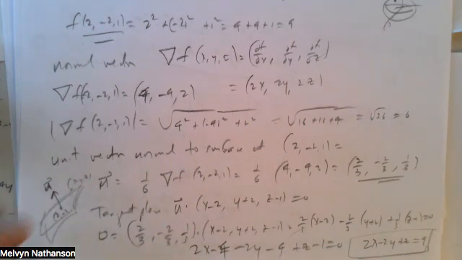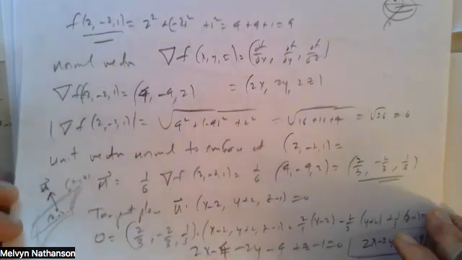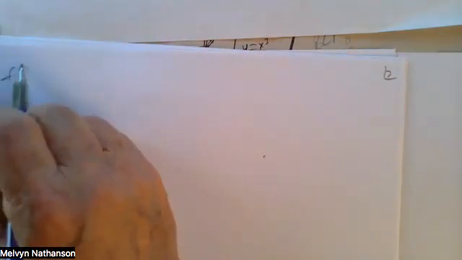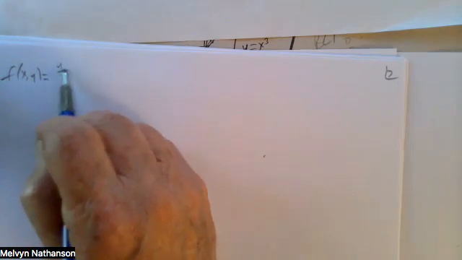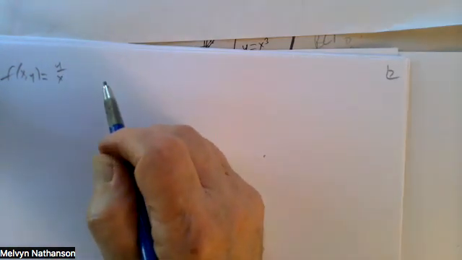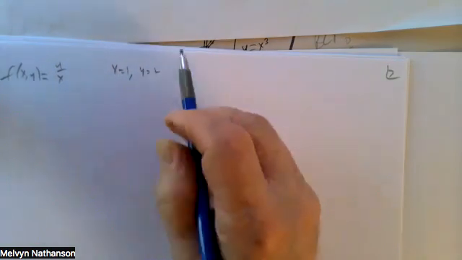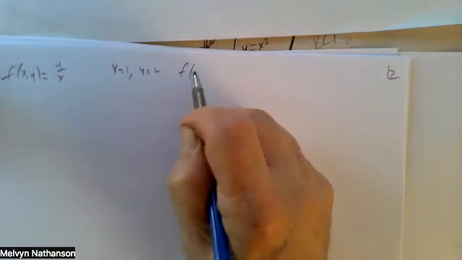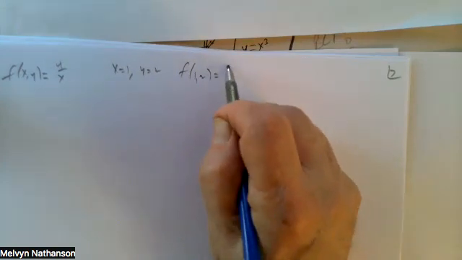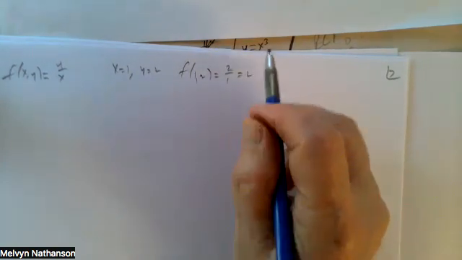Okay, let's see. Problem 7. In problem 7, we have a function of two variables, f of x, y equals y over x. If you let x equal 1 and y equal 2, f of 1, 2 is 2 over 1, or 2.